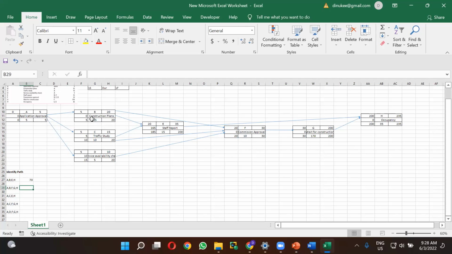A, B, F, G, H. 235. So thank you. And for the third part, how long it taking? 65. Is that right? Thank you. So others also see whether those answers are right.